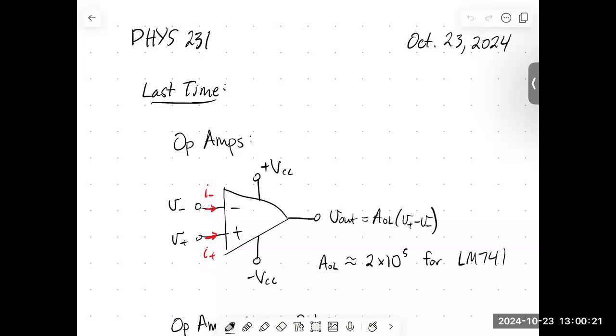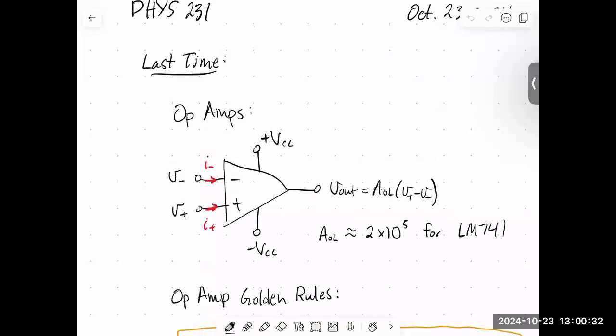What we were thinking about at the end of last time were these op amps, or operational amplifiers. It was a device that had two inputs, and we called them V minus and V plus. V minus would be the inverting input, and V plus was called the non-inverting input. And then it had one output. The output was equal to some gain factor times the difference between the inputs.